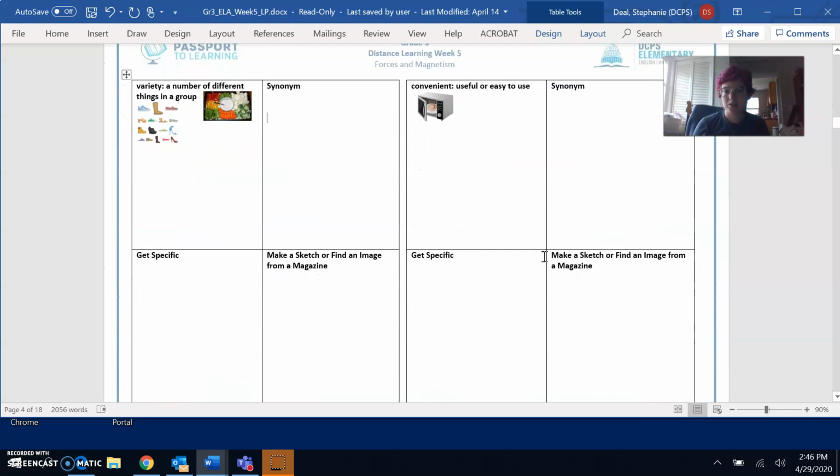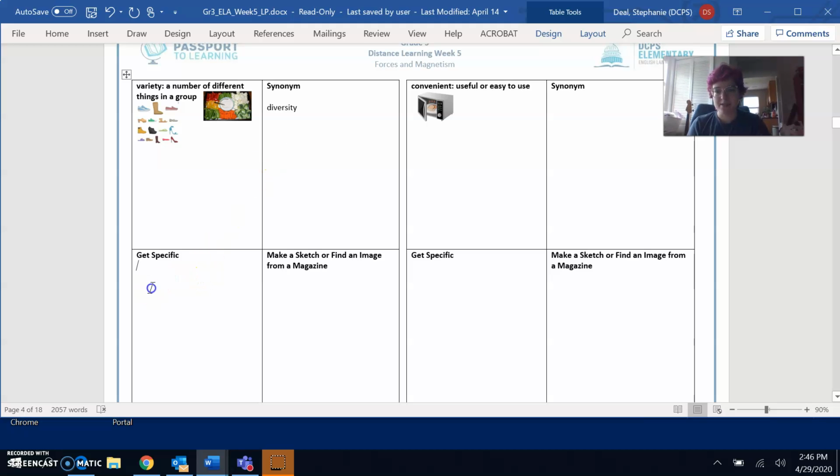So everybody turn to the next page and we'll start with the word variety. A variety means a number of different things in a group. So they have some pictures here, a variety of shoes and a variety of vegetables. A synonym for the word variety that I can think of is diversity, which means there are different things in a group.